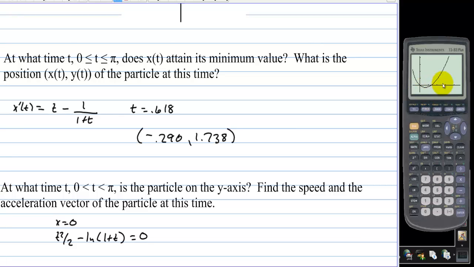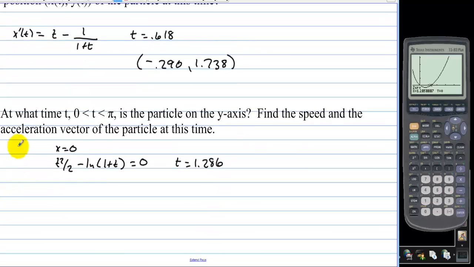That's when this function is equal to 0. So we calculate zero. It looks like it's between 1 and 2, maybe 1.5 as a guess, and it's actually 1.286. So t is equal to 1.286. That's when the particle is on the y-axis.